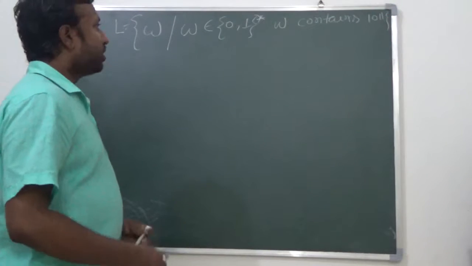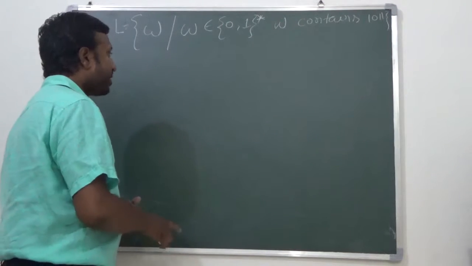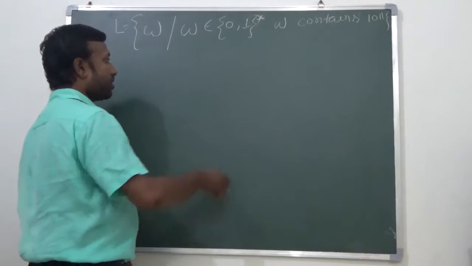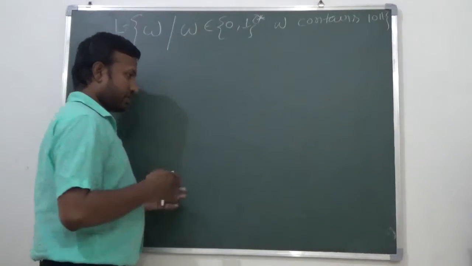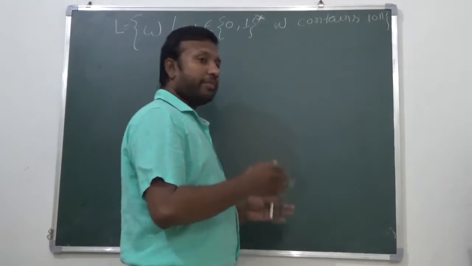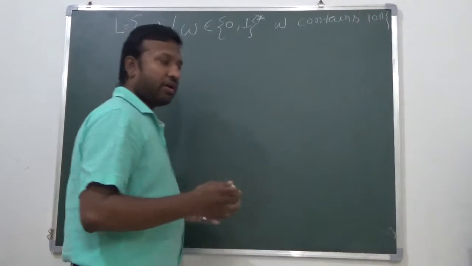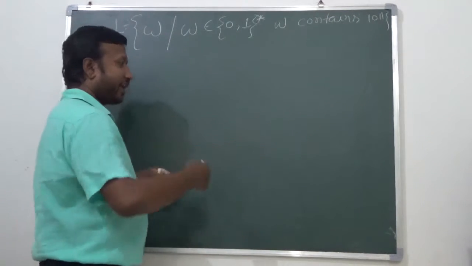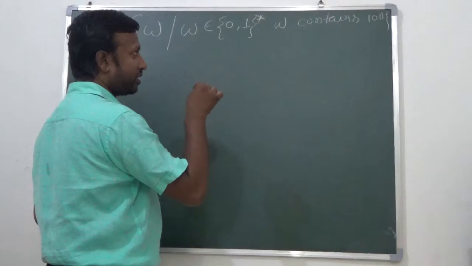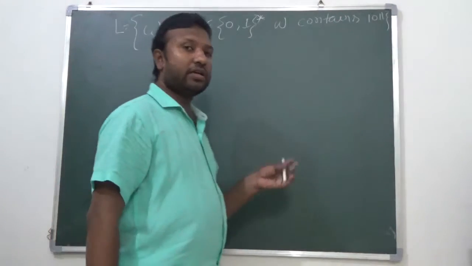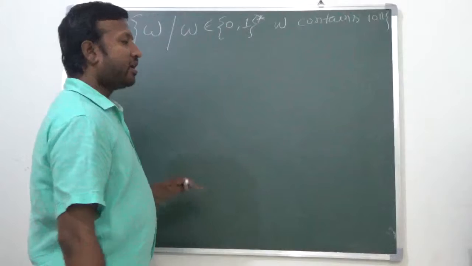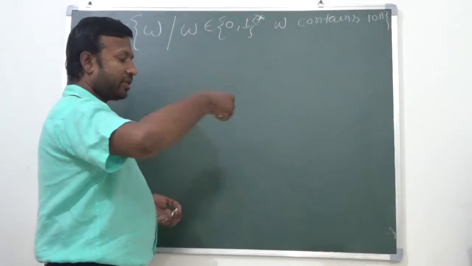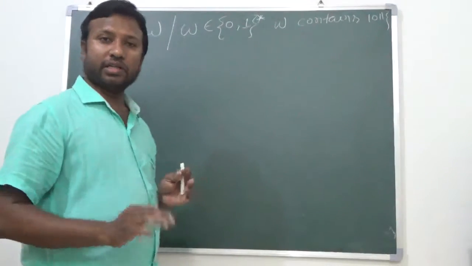So the language is saying that somewhere in the string, I am not specifying whether it is at the start, in the middle, or at the end, but somewhere in the string, if there is 1, 0, 1, 1, then we should accept, and if nowhere in the string we find 1, 0, 1, 1, then we should reject it.